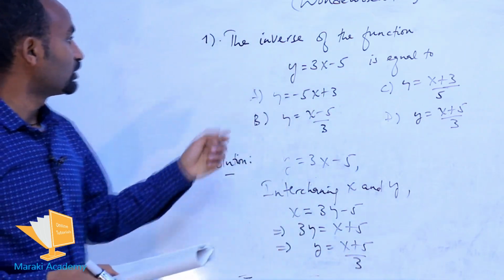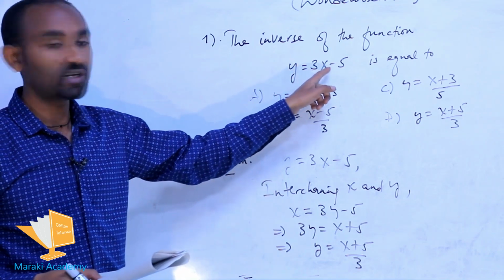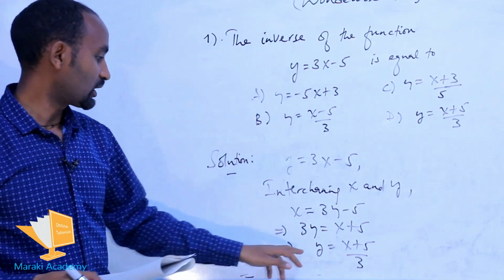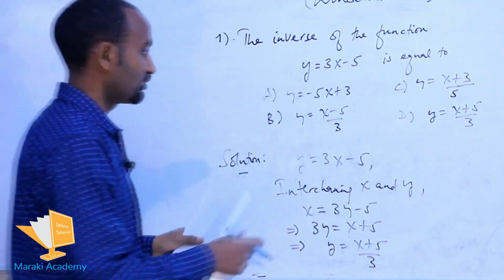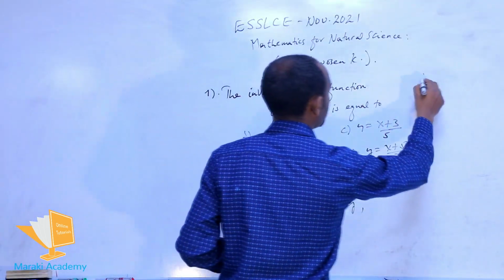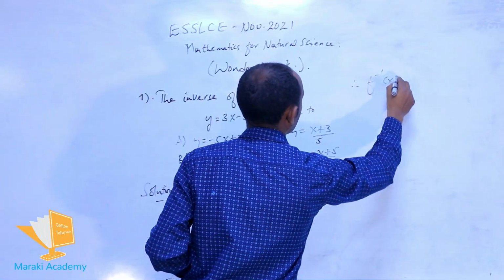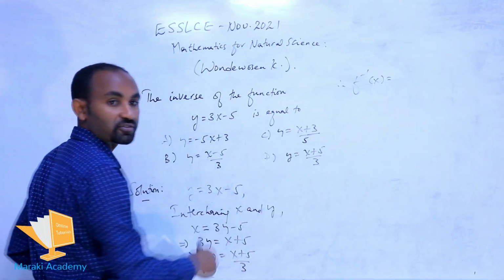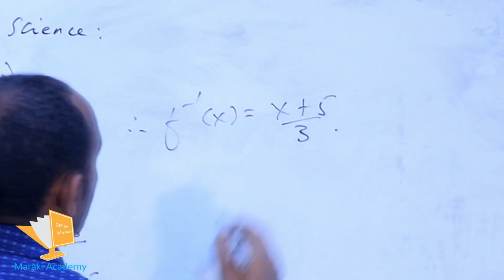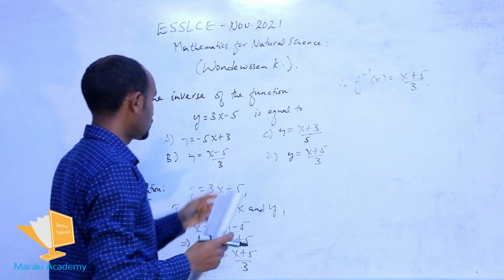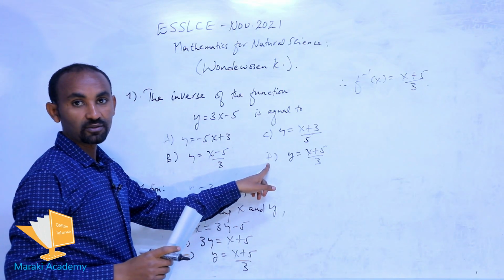So now y, which was 3x minus 5 for the function, becomes (x plus 5) over 3 for the inverse of the function. Therefore the inverse, f inverse of x, is nothing but (x plus 5) over 3. So choice D is the correct answer.